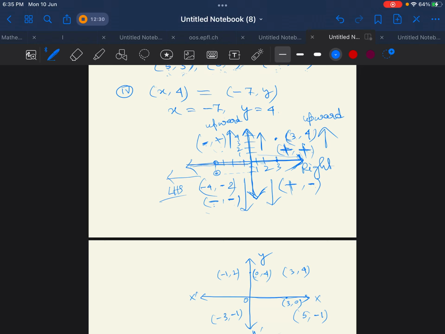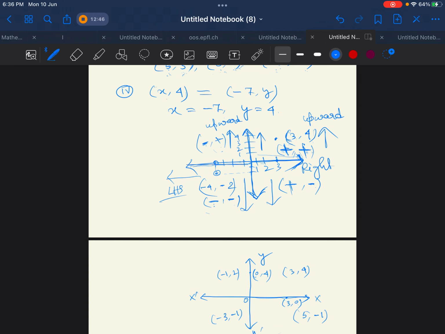So this is the first quadrant. In the first quadrant, the x value and the y coordinate value are always positive. So x and y values are always positive. This is the first quadrant.